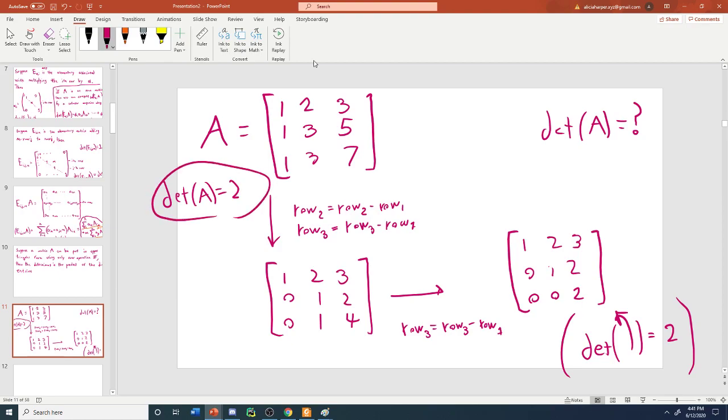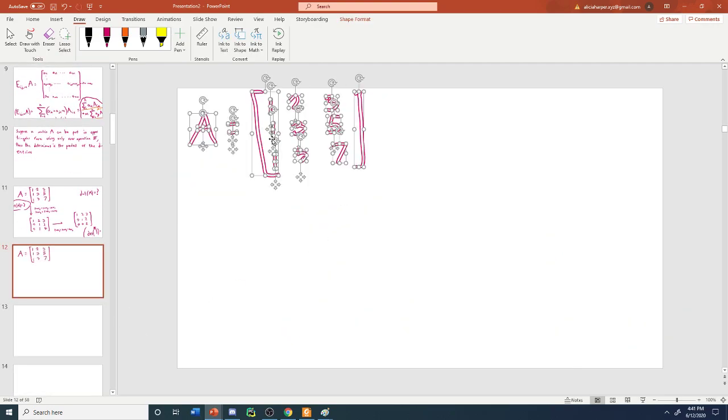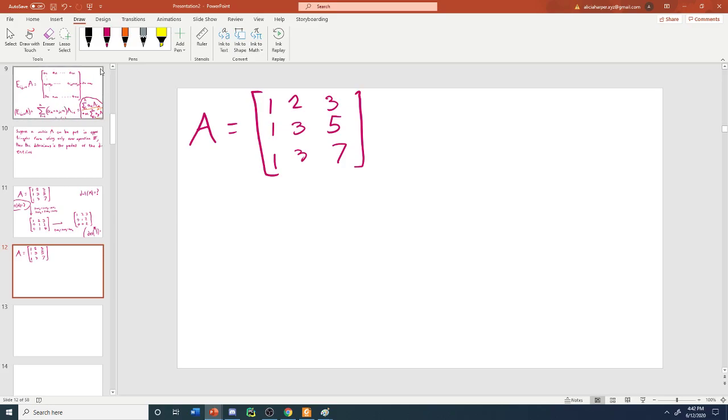Let's verify this using the other method we know, the cofactor expansion. So let me take all this, and I'll go to another slide, and I'll compute this the other way. So if I compute this the other way, I would have to look at M11, M12, M13, and I'd have to write down all 3 of these matrices.